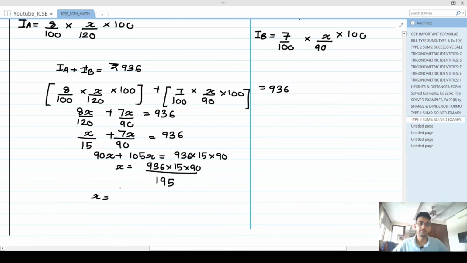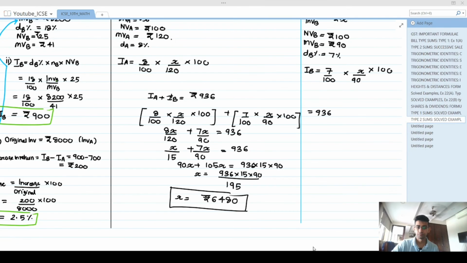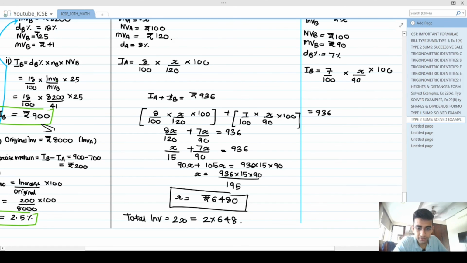Once you calculate this, you will get the investment as rupees 6480. So once we find X over here, they've asked us what is the total investment. Total investment in both companies is nothing but 2x, x plus x, right? So 2 into 6480, which is 12960 rupees.